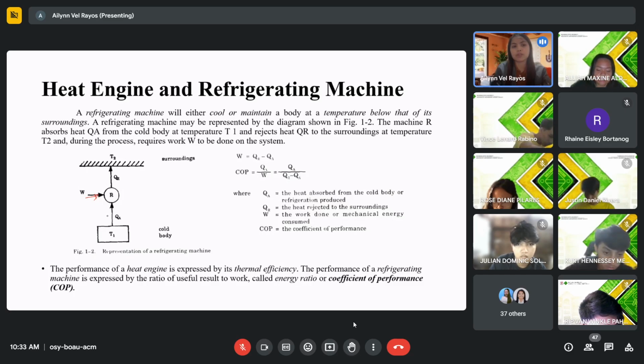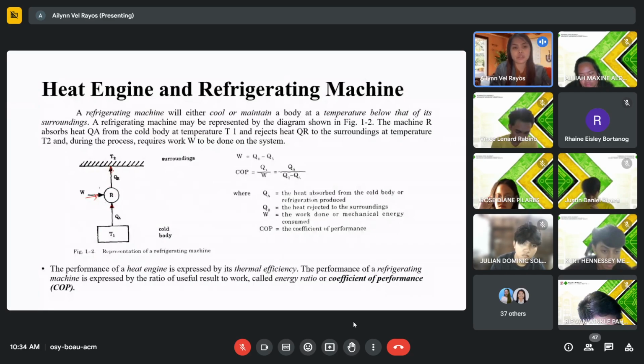The machine R absorbs heat QA from the cold body at temperature T1 and rejects heat QR to the surrounding at temperature T2. Ito yung cold body natin. It removes heat from the cold body and transfers it to the surrounding.